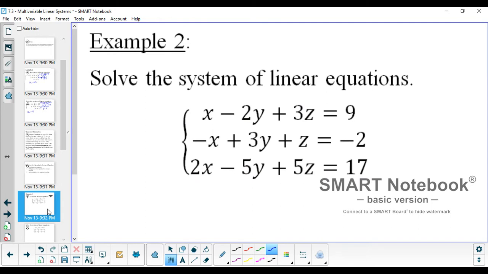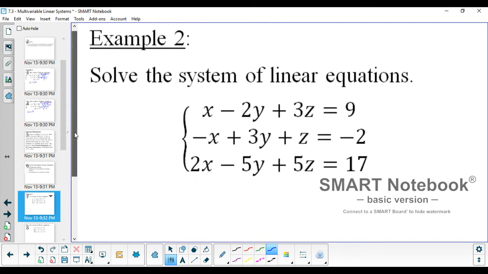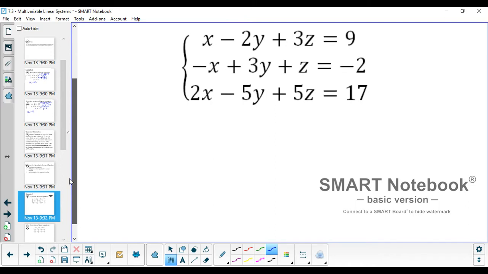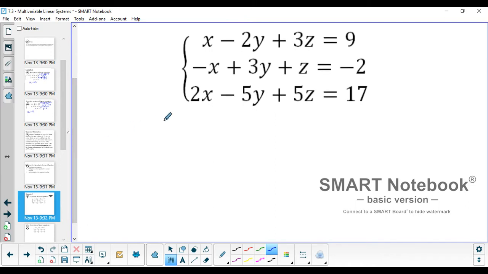All right, so let's take a look. Basically, to get it in row echelon form, we always want this to be a 1, and then we want this to be a 0, 1, and then we want this to be a 0, 0, 1, which will get it to that form where we kind of just saw it.